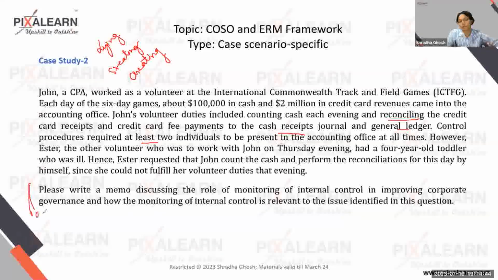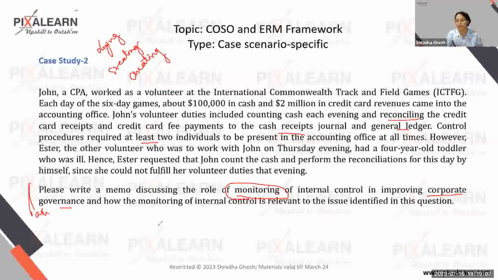Now comes the ask of the question. Write a memo discussing the role of monitoring of internal control in improving corporate governance. So we have the COSO framework playing in our mind: the C, the R, the I, the M, the E. I also know the monitoring is flashing very big in my eyes.